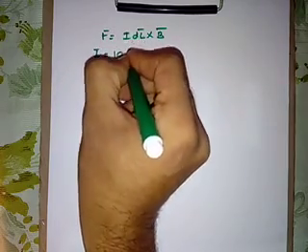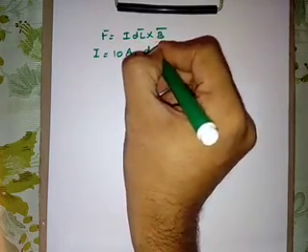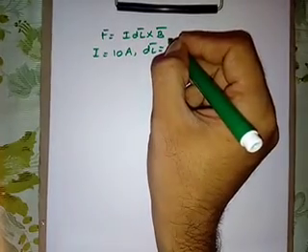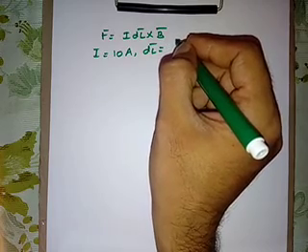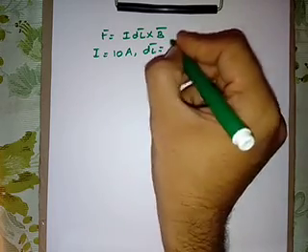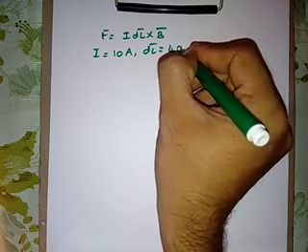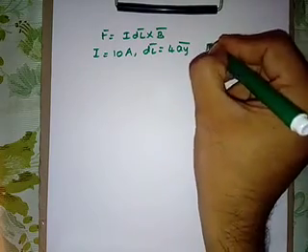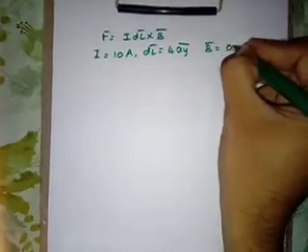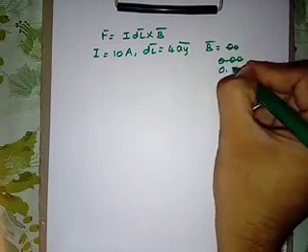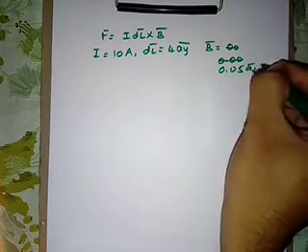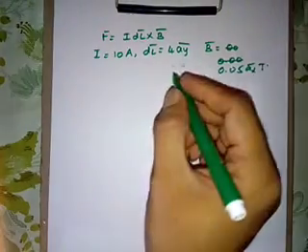I is equal to 10 ampere, and dl bar is a vector, since the length could be in the x, y or z direction. Here it is 4 along the y direction, since current is flowing along y, so dl bar is 4 AY bar, and B bar is 0.05 AX bar Tesla.